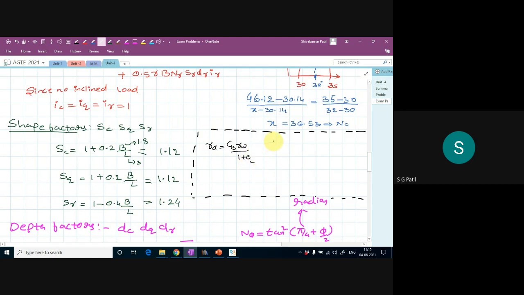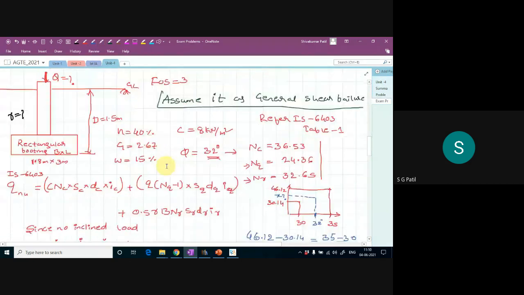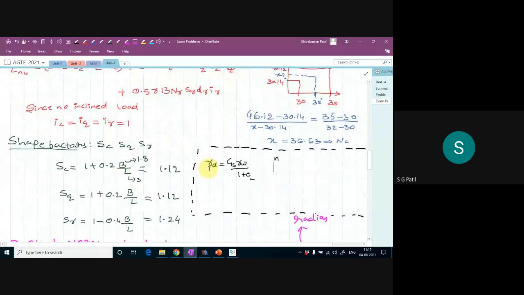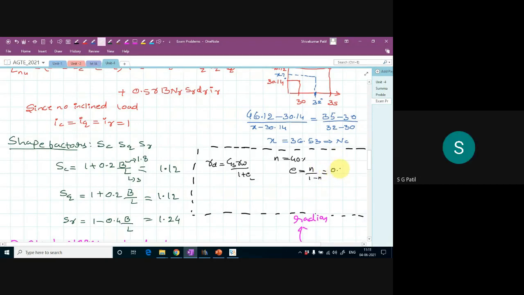But they have given porosity, so from the porosity I can calculate the e value. How much porosity is given? 40%. There is a formula relating porosity and void ratio: e is equal to n divided by 1 minus n. So you will get 0.4 divided by 1 minus 0.4, which is equal to 0.67.